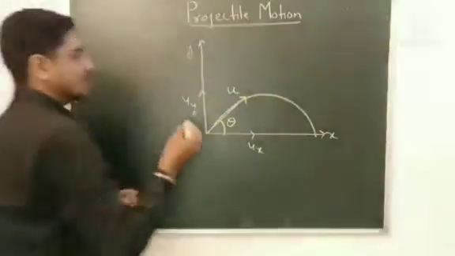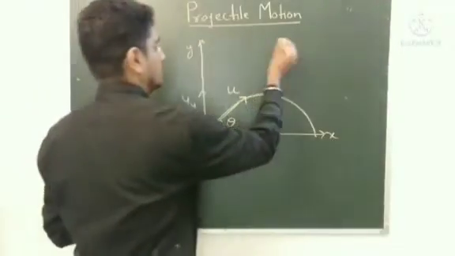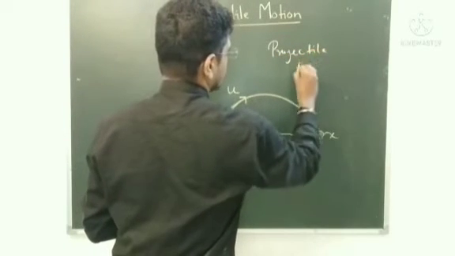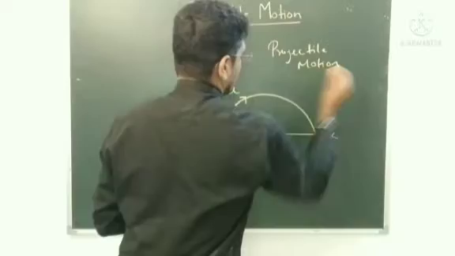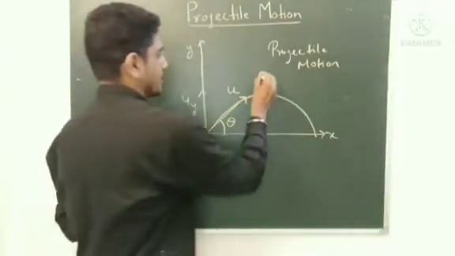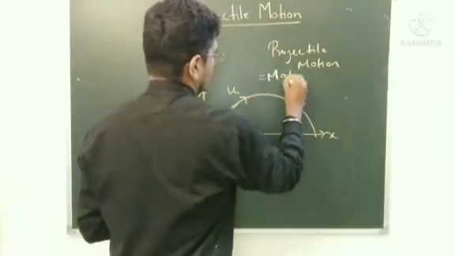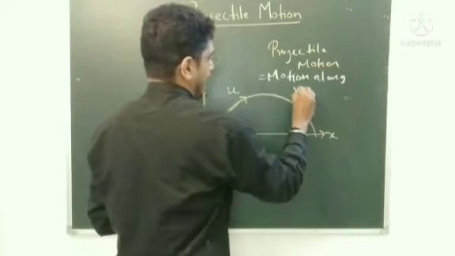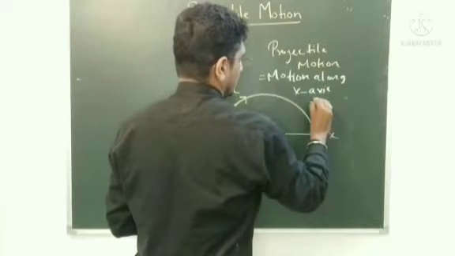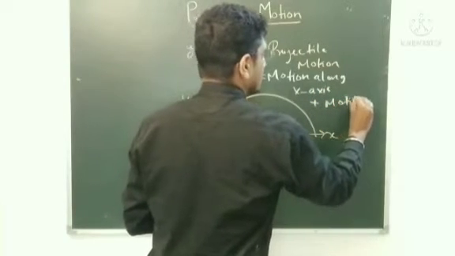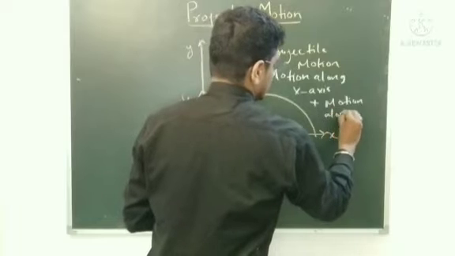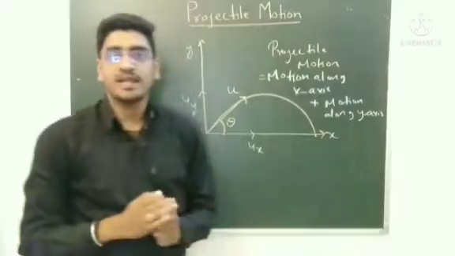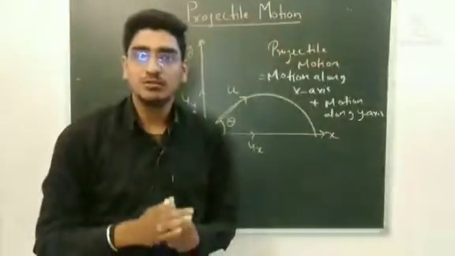All right. So basically, for projectile motion, projectile motion means motion along the x-axis plus motion along the y-axis.